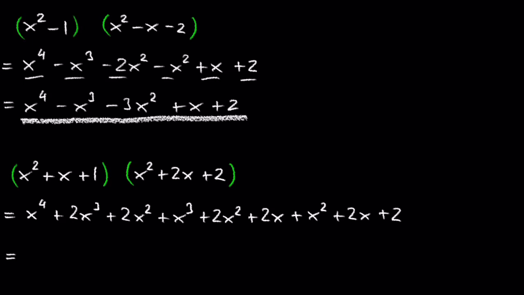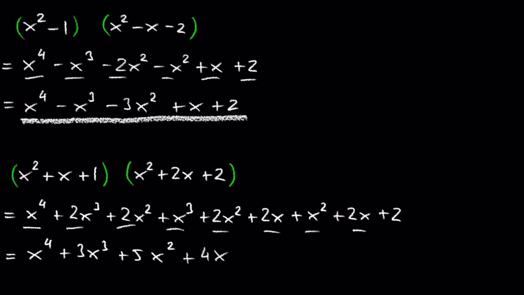So we get x to the fourth plus 3x cubed plus 5x squared plus 4x plus 2.